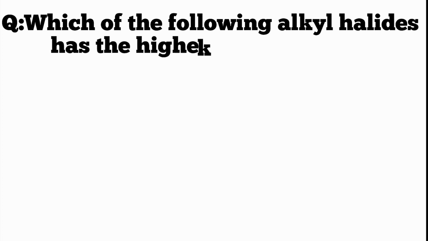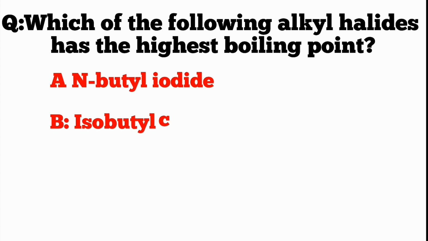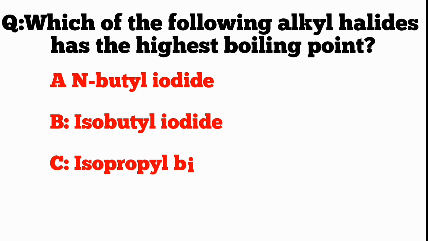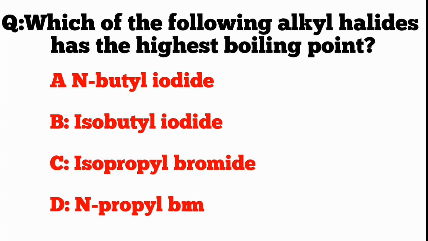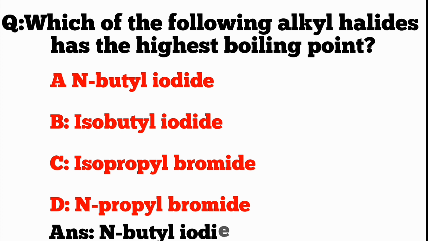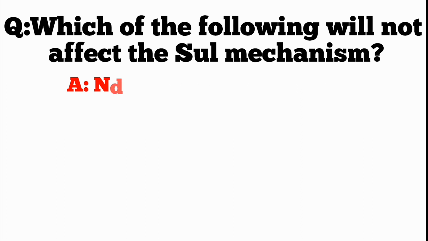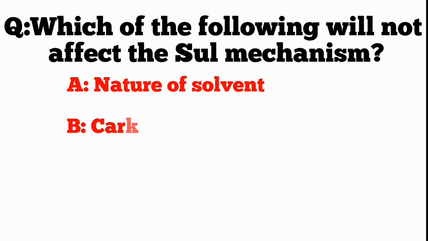Q. Which of the following alkyl halides has the highest boiling point? A. n-butyl iodide. B. Isobutyl iodide. C. Isopropyl bromide. D. n-propyl bromide. Ans. n-butyl iodide. Q. Which of the following will not affect the SN1 mechanism? A. Nature of solvent. B. Carbocation.